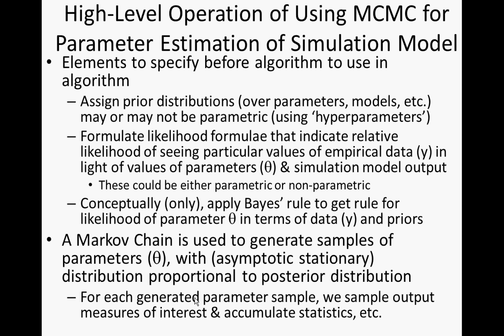And for each such generated parameter sample, for example, we could sample output measures of interest, accumulate statistics, or we may wish to just accumulate the samples over time, perhaps a certain number of them, perhaps it's 200,000, and later we'll go back and use those samples to run the model to get, for example, outputs of interest, etc.